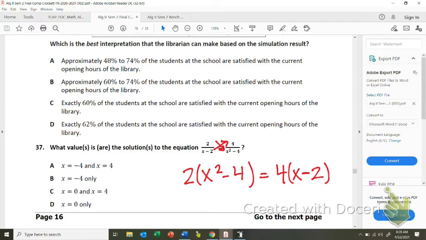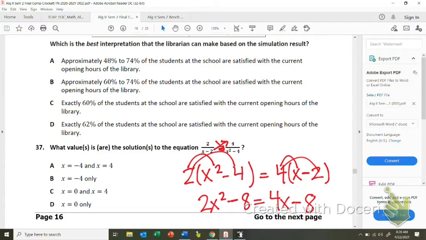All right, 2 times x squared is 2x squared. 2 times negative 4 is negative 8, equals 4 times x. 4 times negative 2, negative 8.